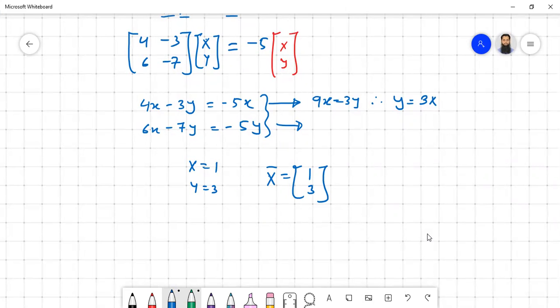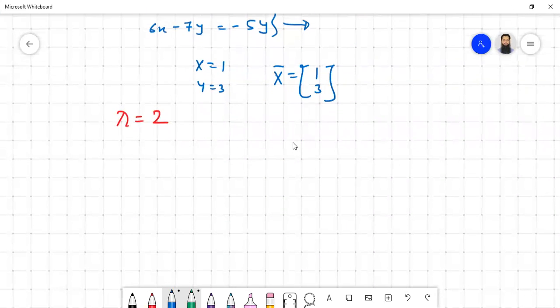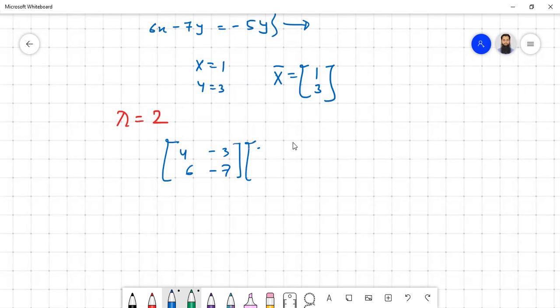Similarly, for the other eigenvector, that is lambda equal to plus 2, you have to apply the similar idea, and that is [4, -3; 6, -7] times xy equal to 2 times xy.